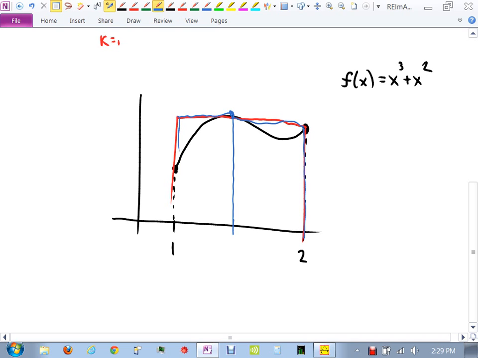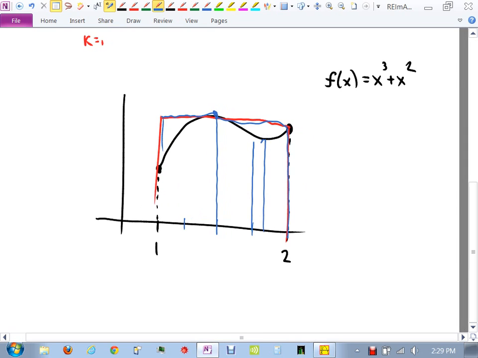Well, that gave me kind of the same thing, didn't it? What if I go more rectangles, and go to just where the rectangle hits? Can you kind of see that the more rectangles I do, the better my approximation is going to be? I'll have less error in it.